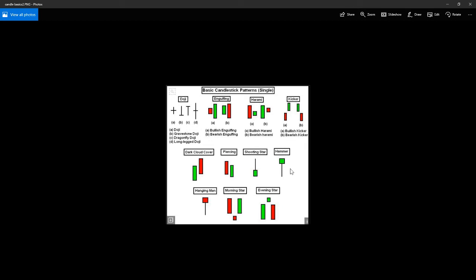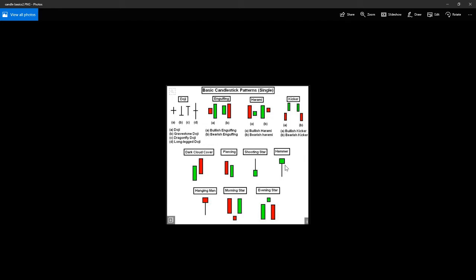A hammer happens at the bottom, and it's the same thing. So you get the trend falling down, and then at the bottom, if this was red, right? Oh shoot, there's a hanging man right there. My apologies. Same thing though.